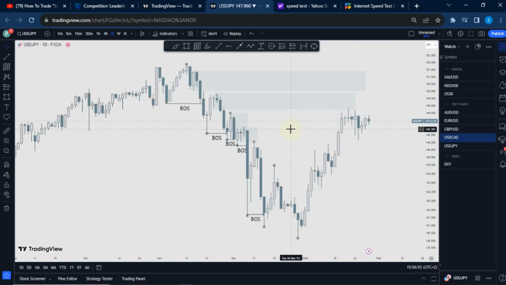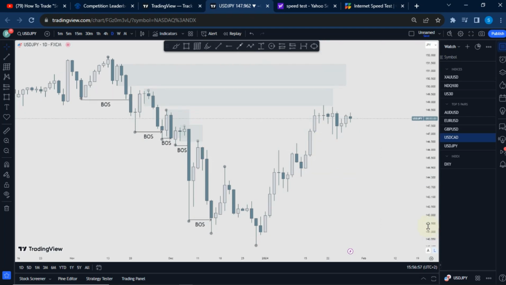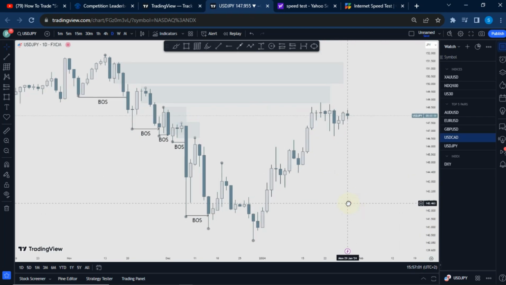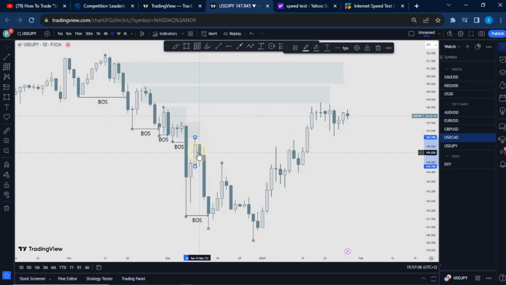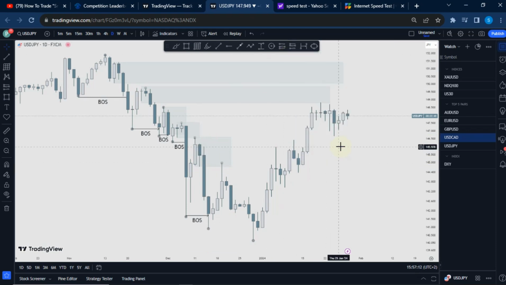These zones that I'm drawing are supposed to be red, so that they indicate that we are expecting to sell once the price taps into those zones. And this is our supply also. So one thing you can see, guys, is that once you identify your supply zones and your demand, first you need to identify your swing points.